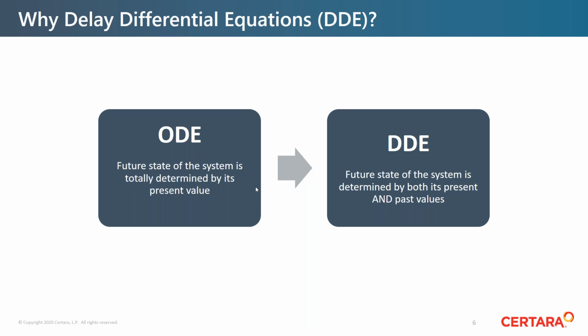Now, our alternative approach is to use a delay differential equation to model delayed outcomes. The difference between ODE and DDE is that for ODE, the future state of the system is totally determined by its current value, while for DDE, the future state of the system is not only determined by its current value, but also by its past value.